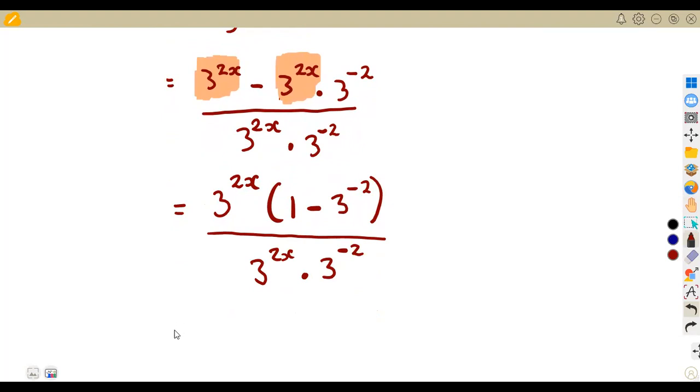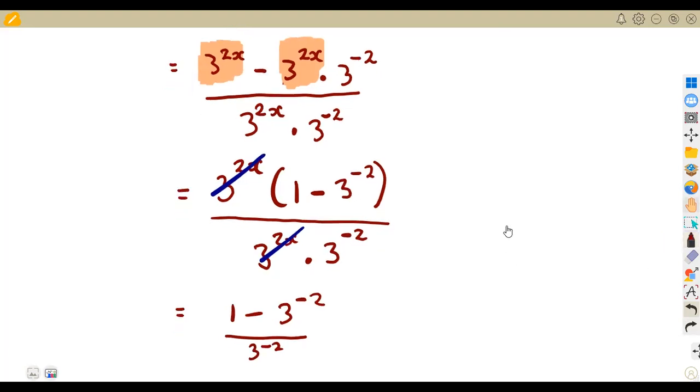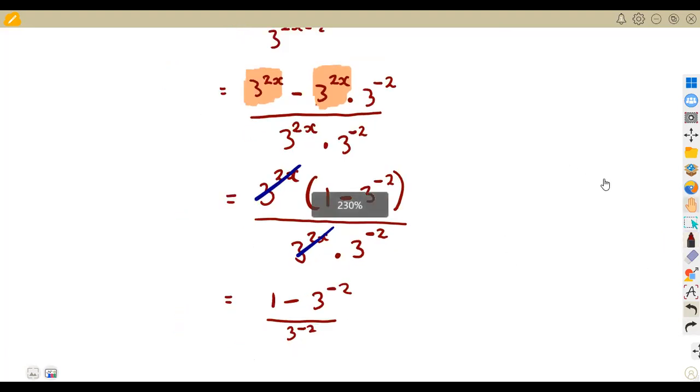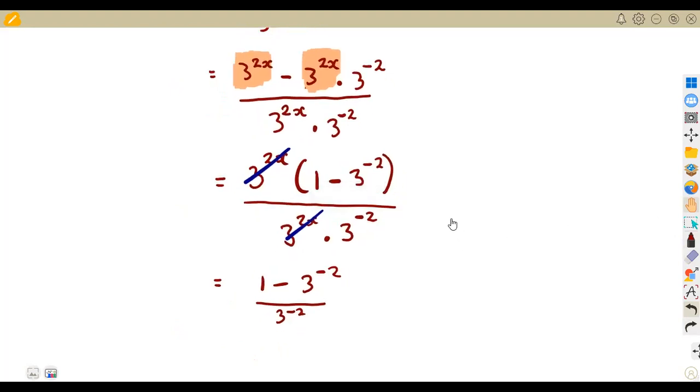So what are we going to have at the end? We are going to see that these two are the same, so this one and this one will cancel out. I'm now remaining with the bracket of 1 minus 3 to the exponent of minus 2 over 3 to the exponent of minus 2, because this one is cancelled out. At that stage, you can just use your calculator like I mentioned before.